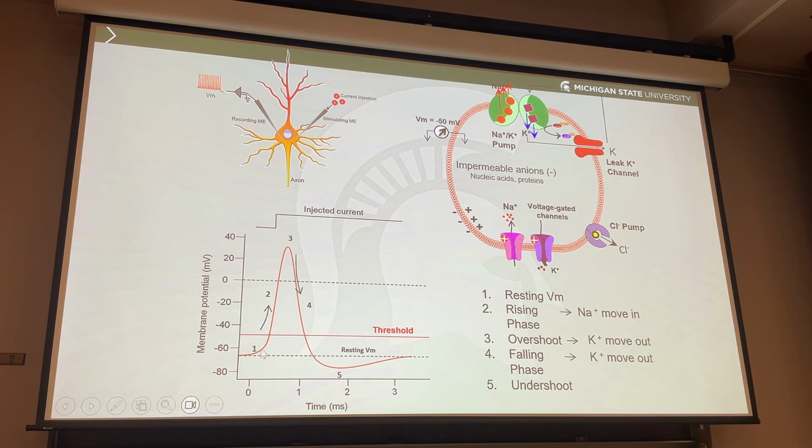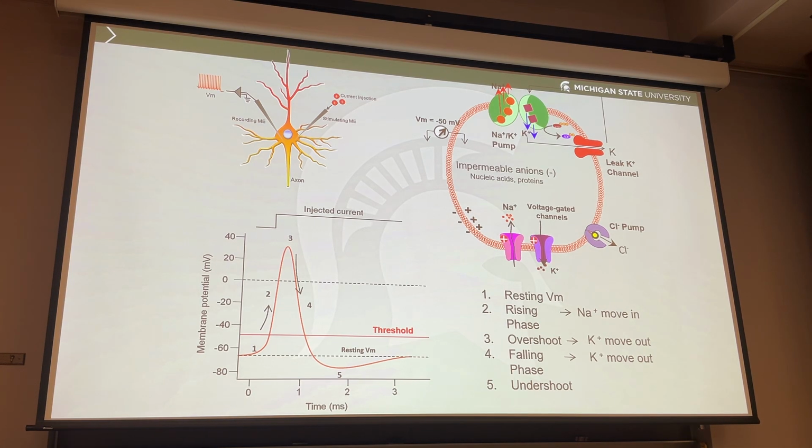Before it reaches this, if you have a subtle influx of positive ions, it will go back to the resting phase if it doesn't pass this threshold. So each cell has a specific threshold. Here it looks like roughly negative 50 millivolts in this example. And what happens then is you have this huge influx of sodium ions, right?